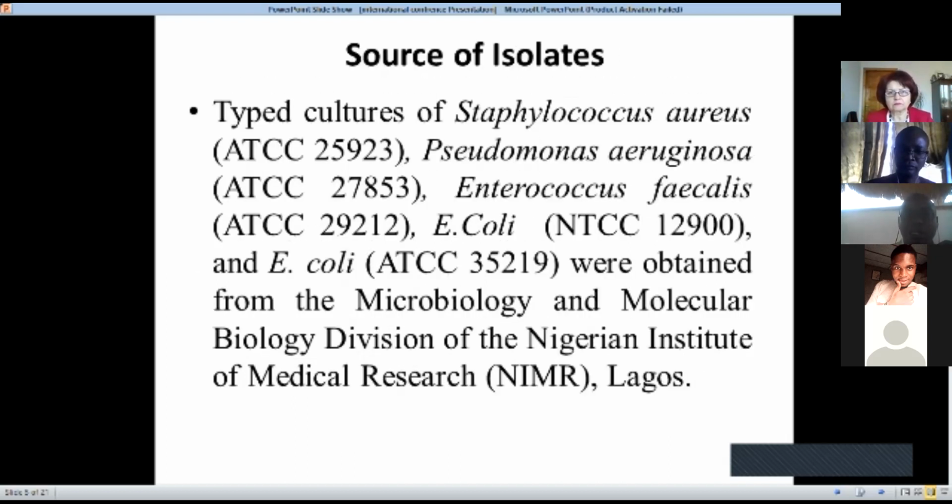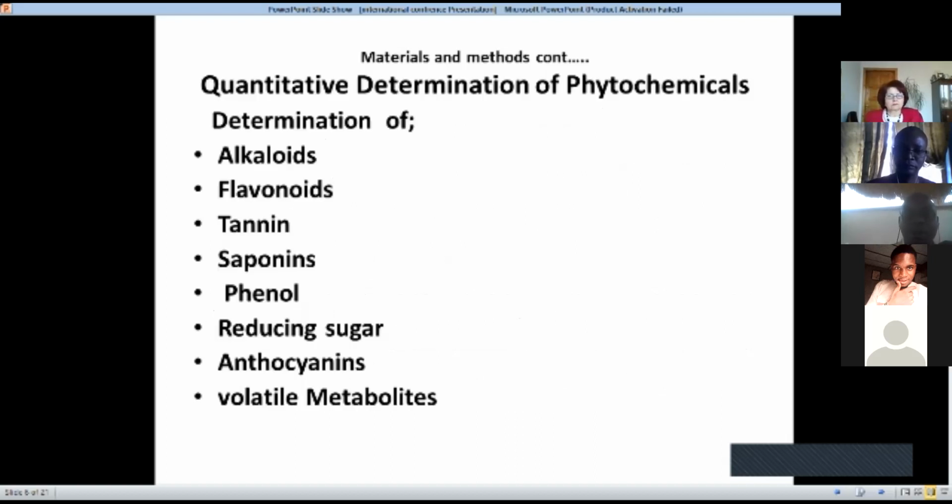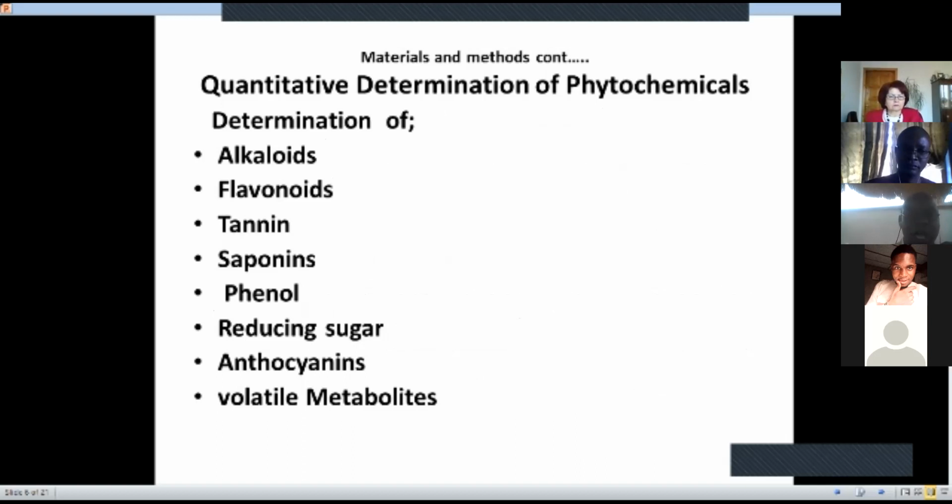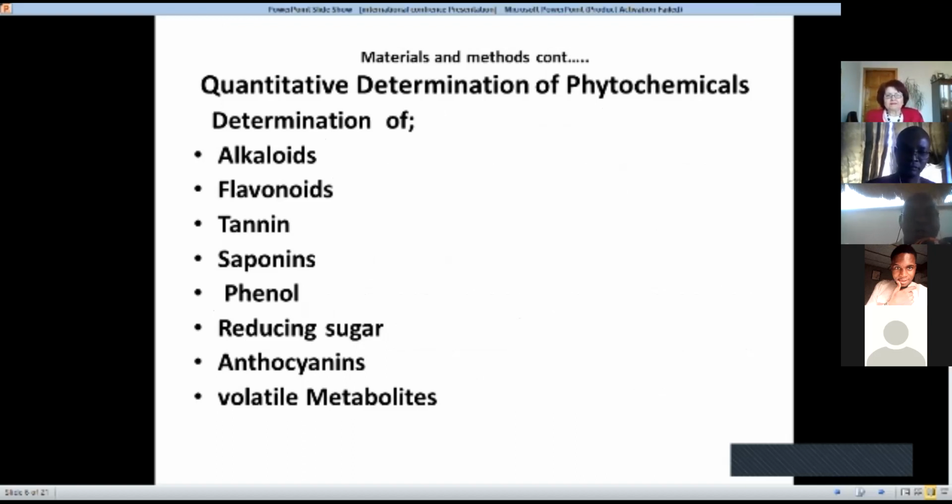Now, the isolates used, that means Pseudomonas aeruginosa, Staphylococcus aureus, Enterococcus faecalis, as well as E. coli, were obtained from the molecular biology department of the Nigerian Institute of Medical Research in Lagos. The procedures carried out during the course of the research are qualitative determination of phytochemicals, which include alkaloid, flavonoid, tannin, saponin, and reducing sugar, as well as volatile metabolites.